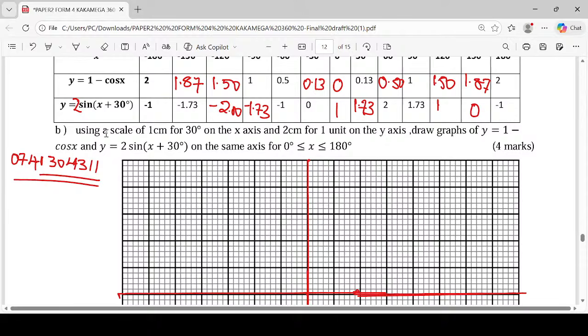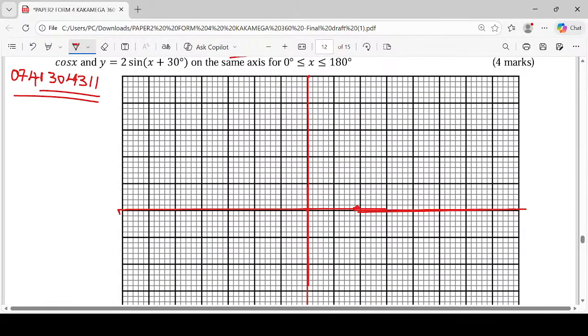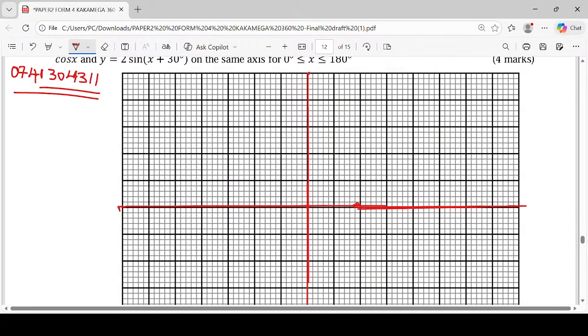1 centimeter for 30 degrees on the x-axis. So that means I'm going by intervals of 30. So I have here, this will be 60.